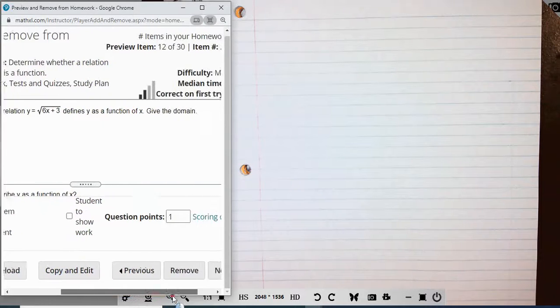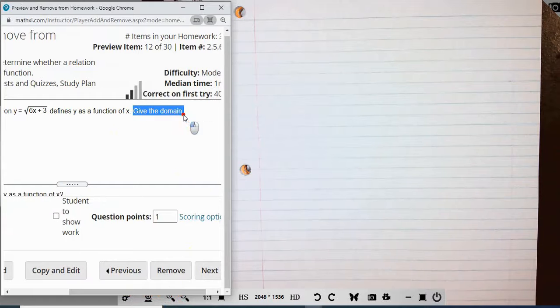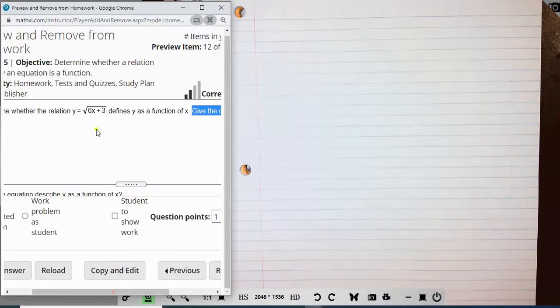All right, so this next question is going to ask for the domain of a square root function. The square root function is one of those two cases that we discussed where there is a restricted domain.